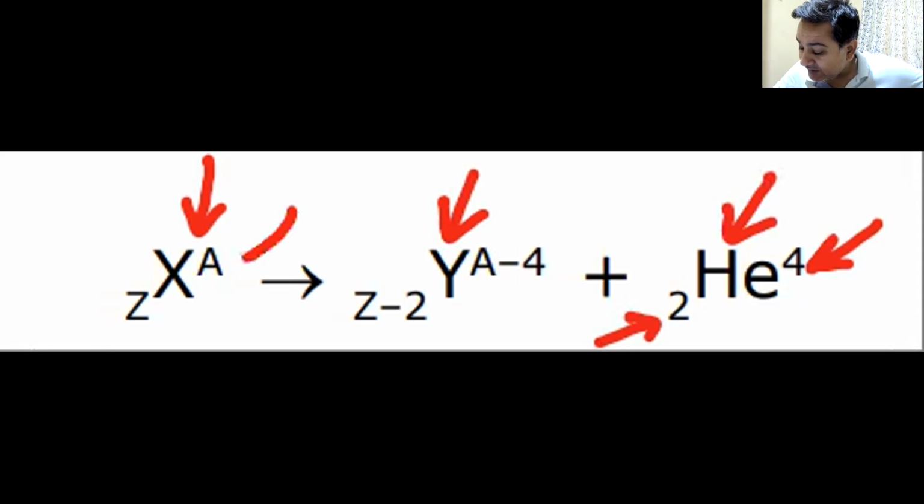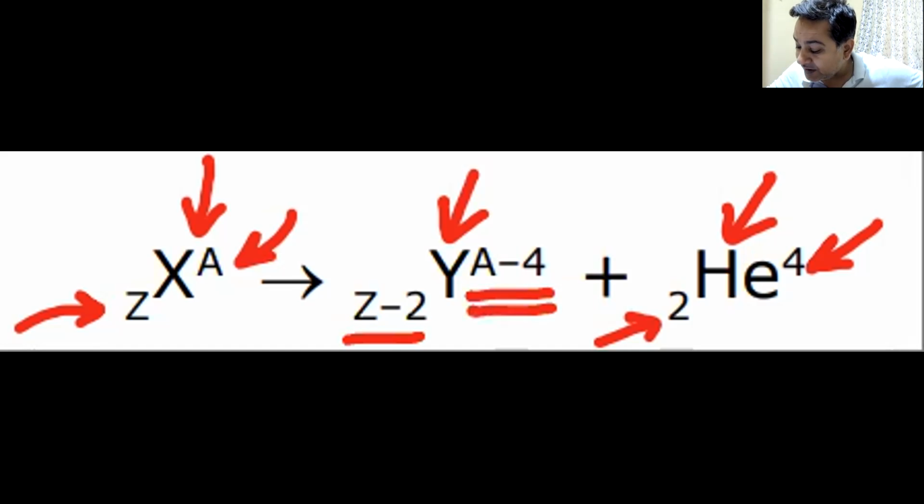The parent has mass number A and atomic number Z. What will the daughter have? Daughter will have A minus 4 as the mass number and Z minus 2, because everything has to be balanced, like a chemical equation. Mass number on this side should be equal to mass number on this side.